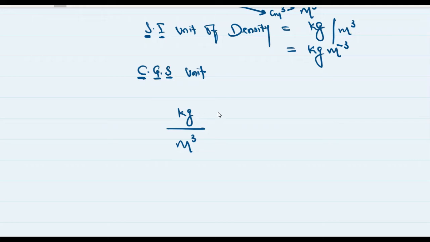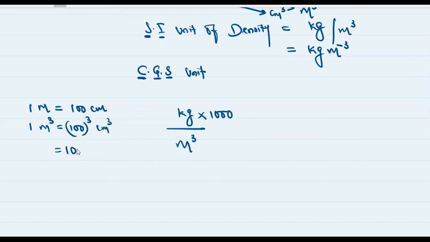How to convert kilogram into gram? We multiply by 1000. How to convert meter cube into centimeter cube? See, 1 meter is 100 centimeter. So 1 meter cube will be equal to 100 cube centimeter cube, which is 1000000 centimeter cube, that is 10 lakh, 1 with 6 zeros in front of it.